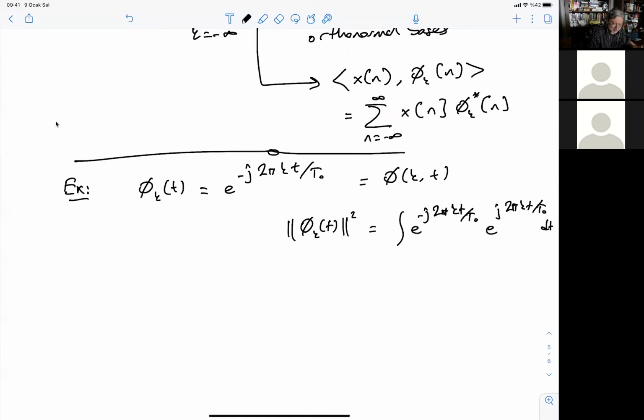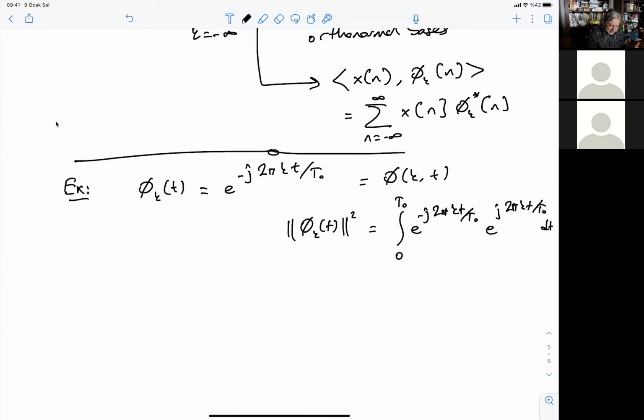And since this is a periodic signal, for periodic signals in harmonic theory, you have to define the inner product within the period. So this integral must be taken from 0 to capital T0, which is one period of that.